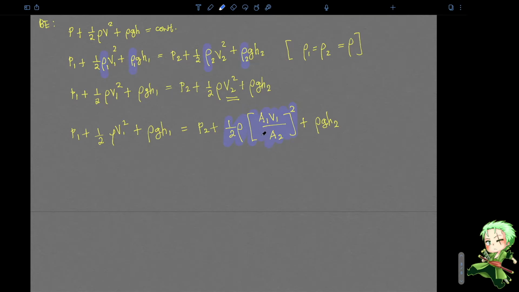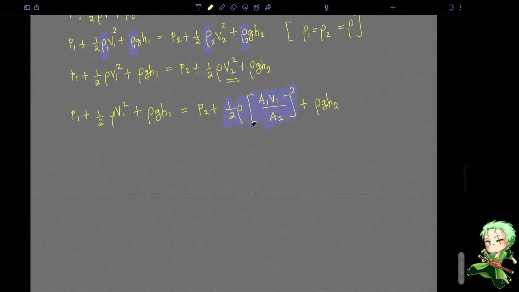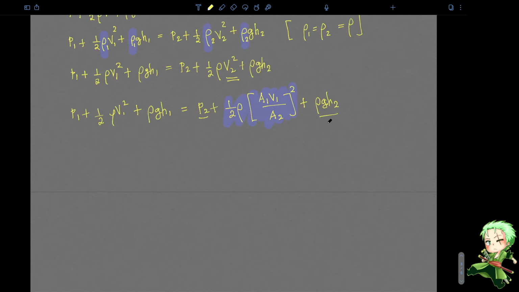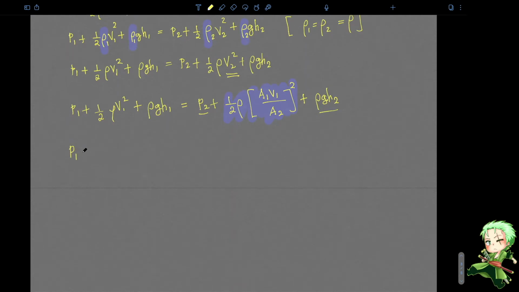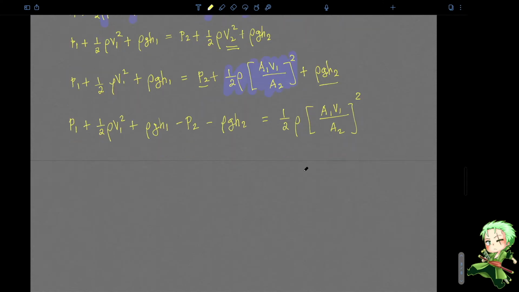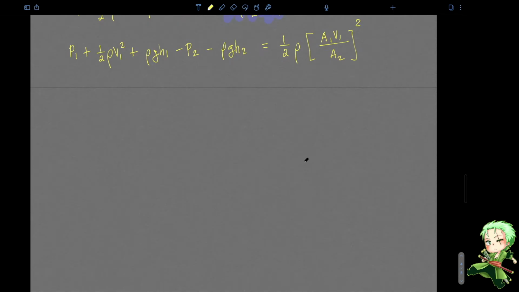The easiest step to do that is to transpose these two terms to the left-hand side. When I do that, I will have P1 plus 1 half rho V1 squared plus rho GH1 minus P2, and this one minus rho GH2. What is left is the isolated term 1 half rho, A1 V1 over A2 quantity squared.